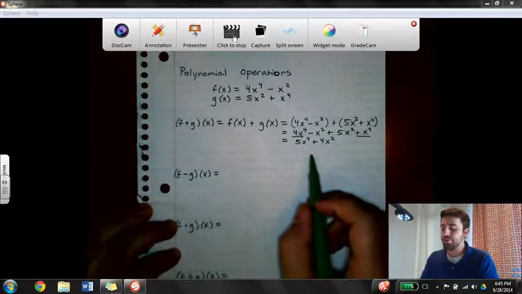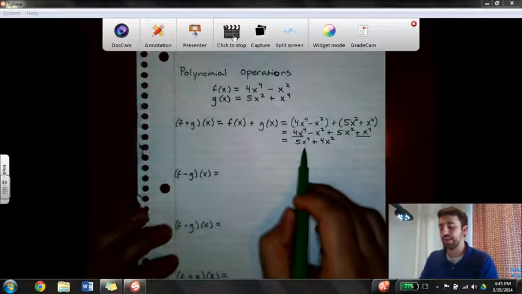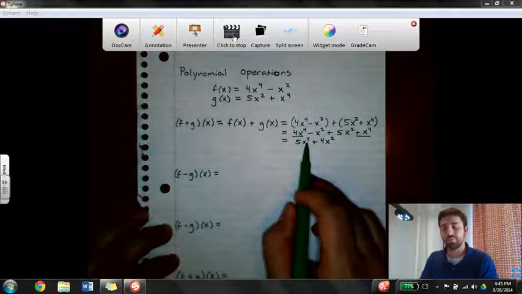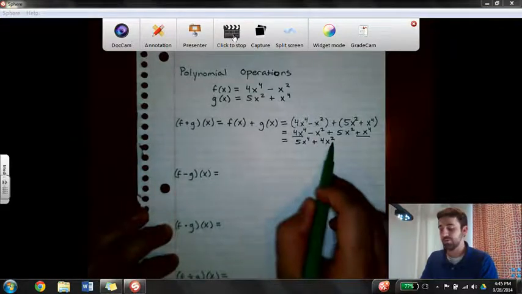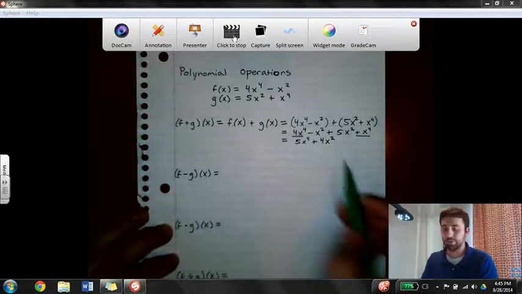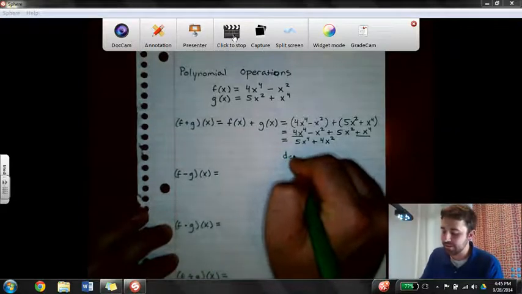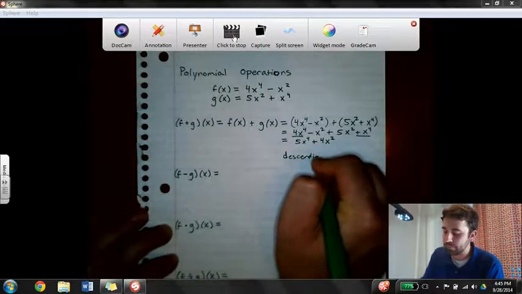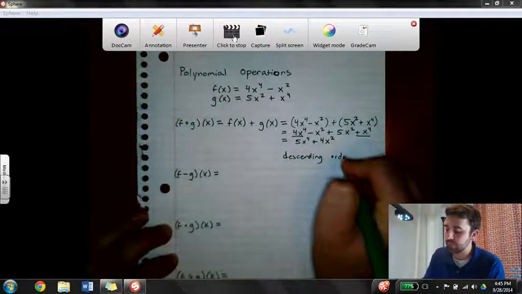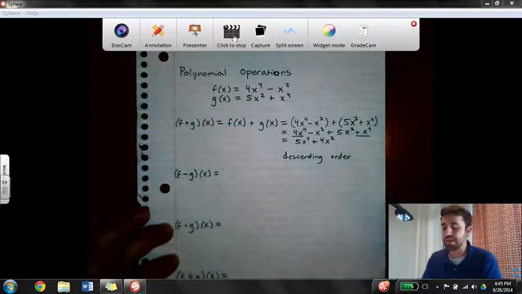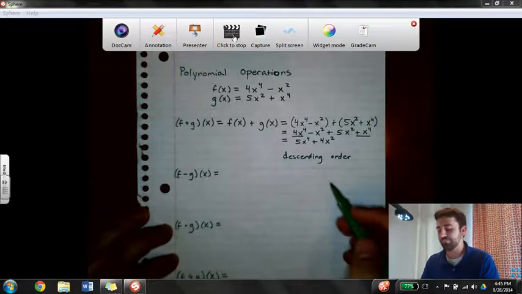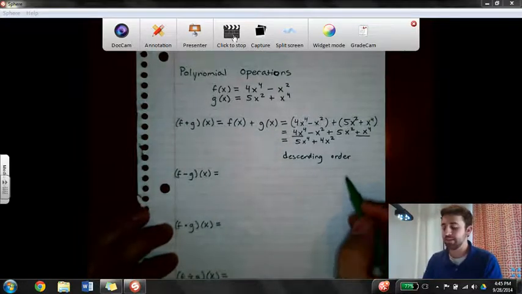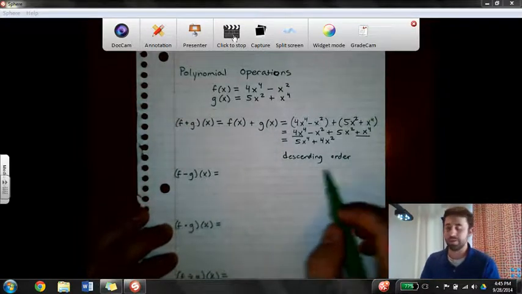Now, notice how I wrote the exponents going from the greatest 4 to the least 2. This is called descending order. And we want to make sure that when we're writing our answers for these different polynomial operations, that we are writing them in descending order.